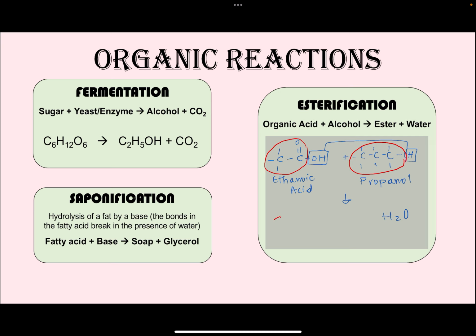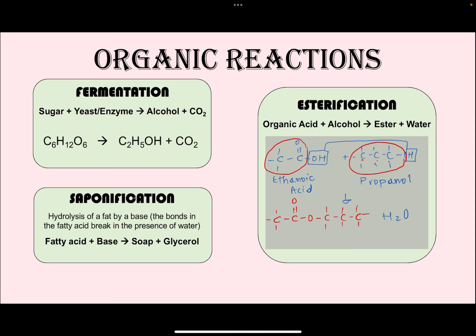So we are left with these two carbons, a CH3 and a carbon double bonded to oxygen. And then from the alcohol part, we have that oxygen left. And then with the oxygen, we have 3 carbons. So 1, 2, 3. So this is your ester.